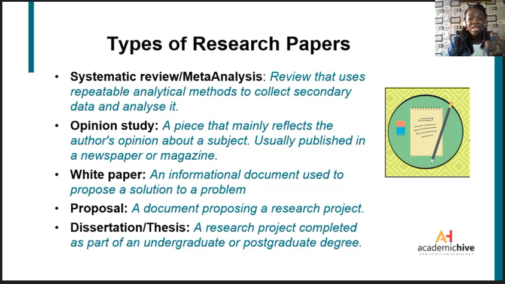It is an informational document, like we said, that is usually used by maybe a company or a not-for-profit organization to promote or highlight the features of a solution, a product, or a service that it offers or it plans to offer. So that is what is called white paper.